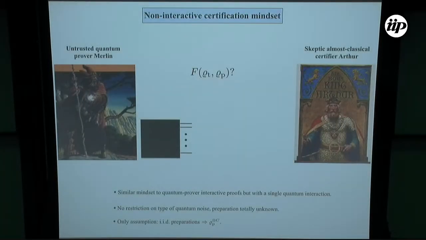Given the figure of merit, the mindset that I'm going to consider is a typical mindset of computer science, where you have two guys. One is the quantum prover, Merlin, who has, for instance, a very powerful quantum computer, and then Arthur, the mortal. Merlin is a very powerful magician, and Arthur is almost classical.